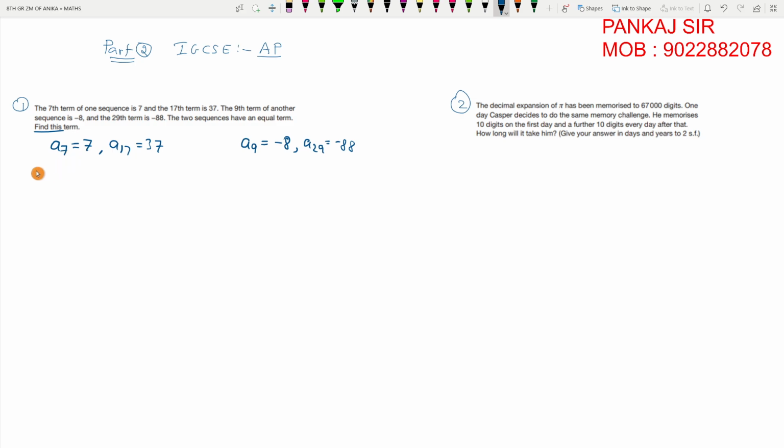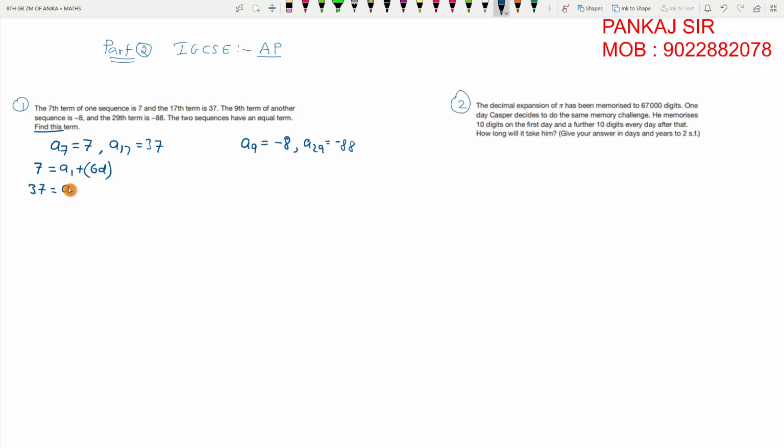So A7 is equal to 7. So here I can write that 7th term is 7. This will be equal to the first term A1 plus 7 minus 1, because n is 7. So 7 minus 1 is 6, and this will be 6D. Okay. So 7 is equal to A1 plus 6D. And in the same way, I'll get the 17th term, which is 37.